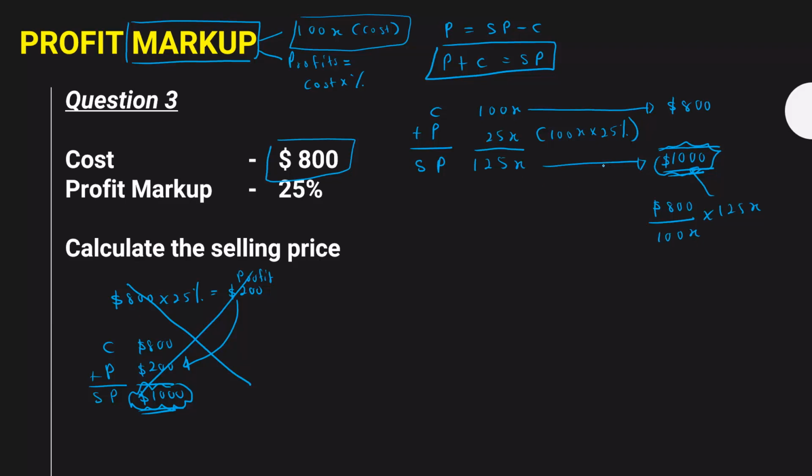This method is actually not easy. You have to practice questions, then only you will get this method. When it comes to the profit markup, what's the first thing you have to remember? Assume your cost as 100x, and the profits will be calculated as cost into the profit percentage.